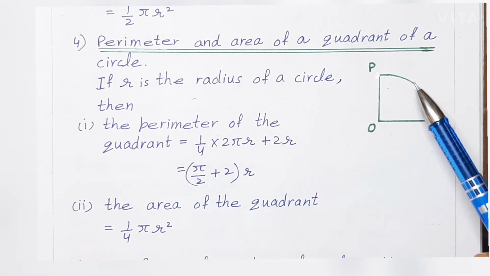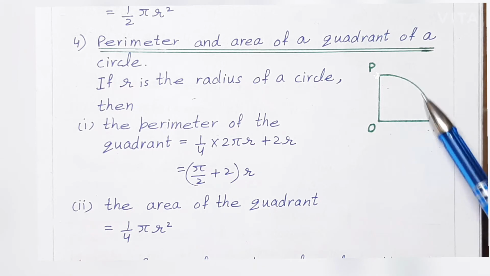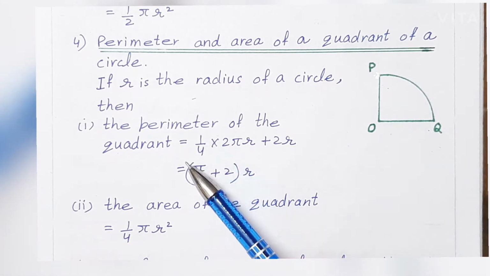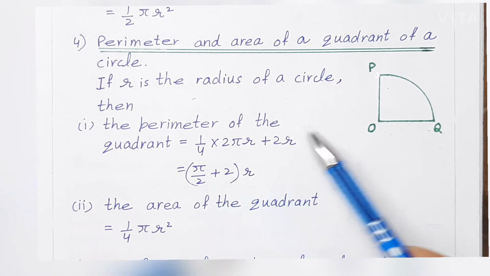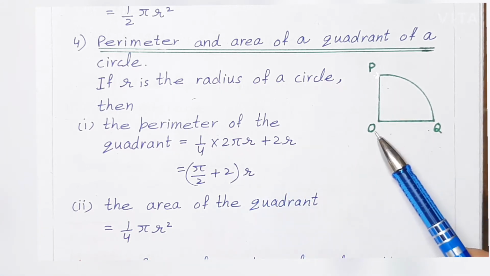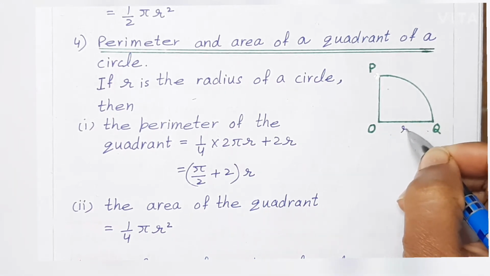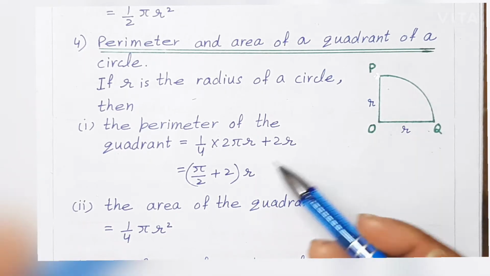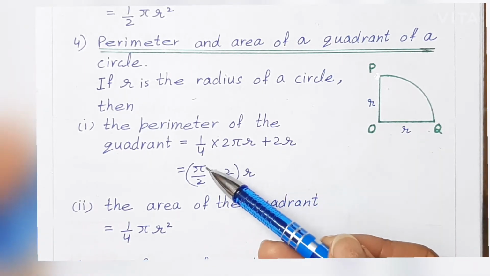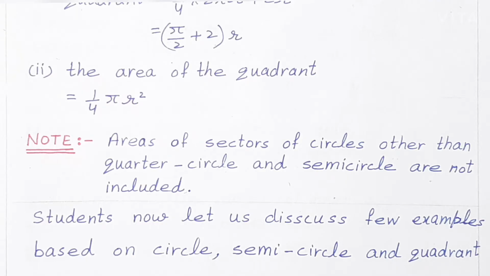The perimeter is 1/4 of the circumference, that is 1/4 into 2 pi r plus the two radius, that is OQ and OP. These are the two radius here. Clear? So that is equal to pi upon 2 plus 2, times r. Students, note that area of sectors of a circle other than quarter circle and semicircle are not included.